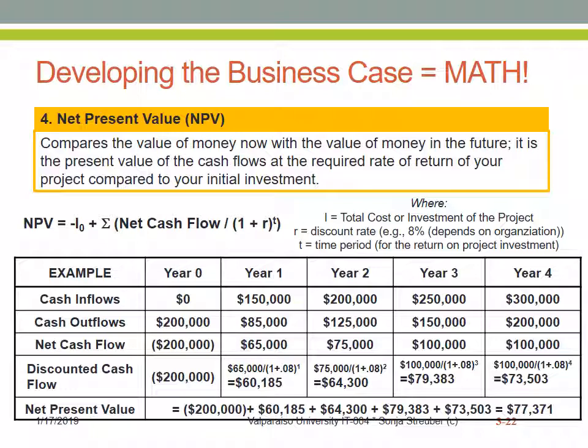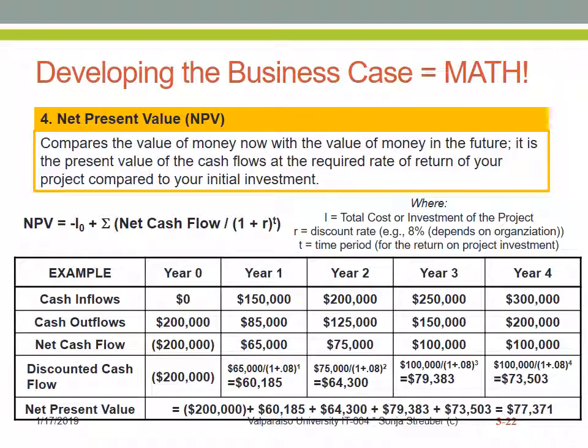So we apply our formula again for the net cash flow that we have calculated, 75,000 or 100,000, divided by 1 plus R. Our R is still 8%. And then to the power of the year in which we have generated the net cash flow. In year 2, that is to the power of 2. In year 3, that is to the power of 3.